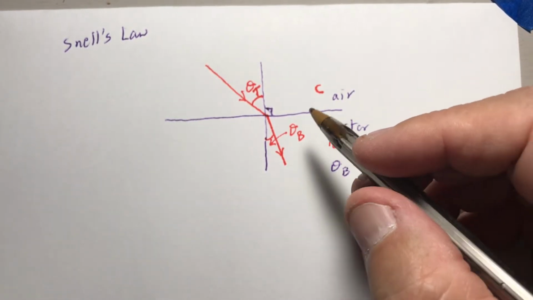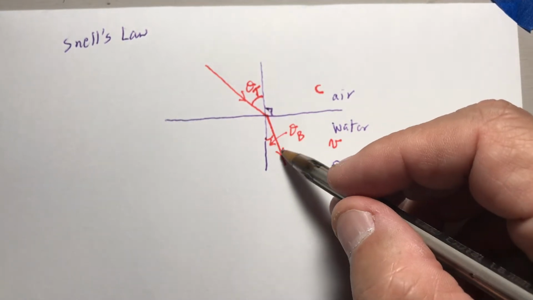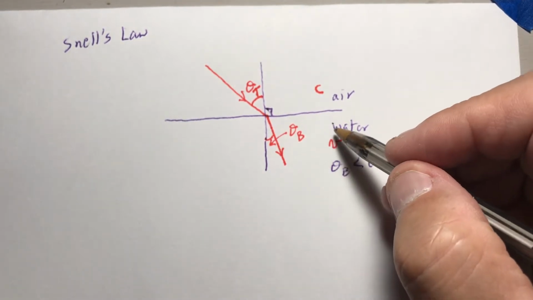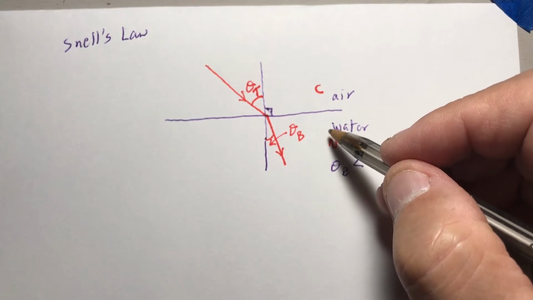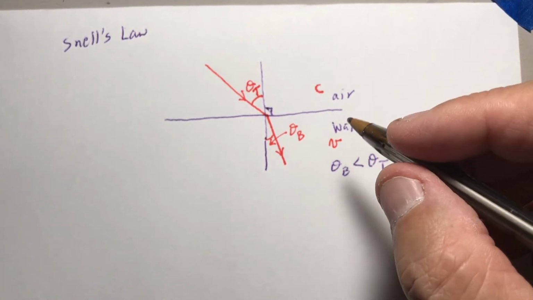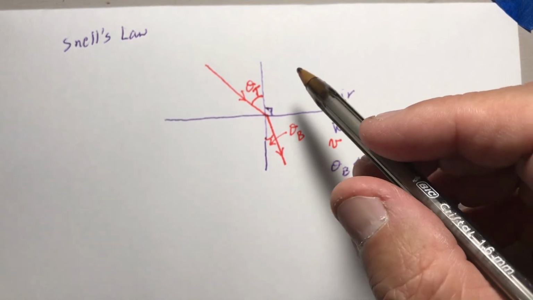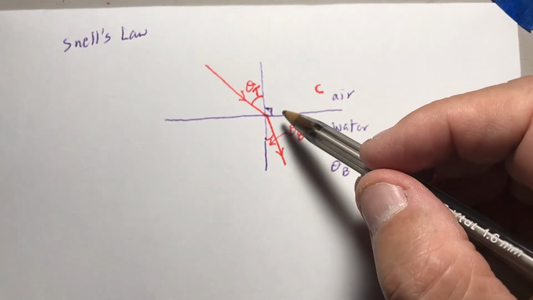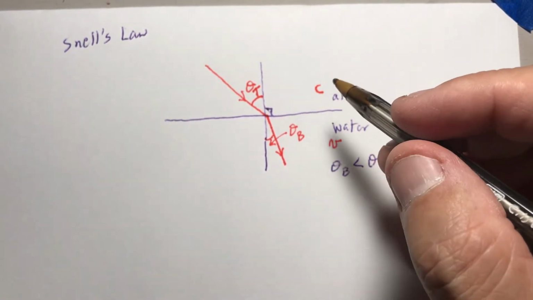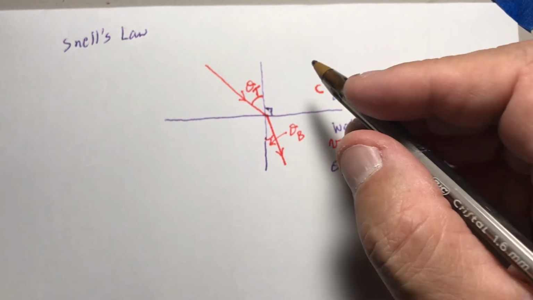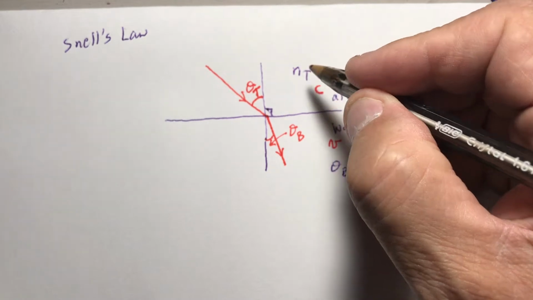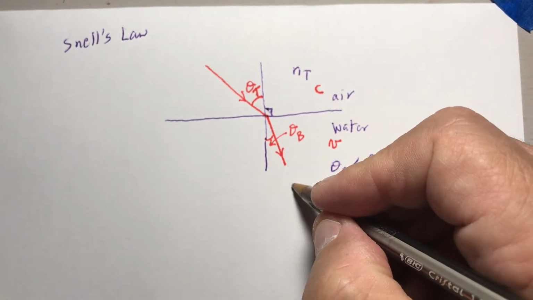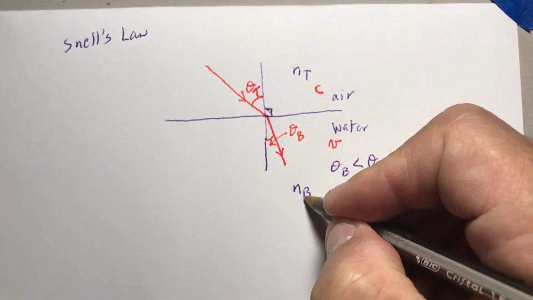So, like I said, the reason this beam refracts is because the water is a medium that's going to slow the light. So here at the air, we have an index, and the index, I call it n, so I call this one n top. And here, I call it n bottom.